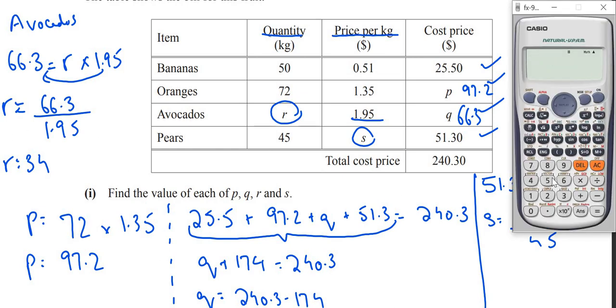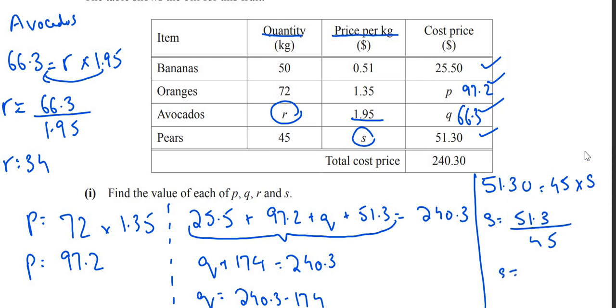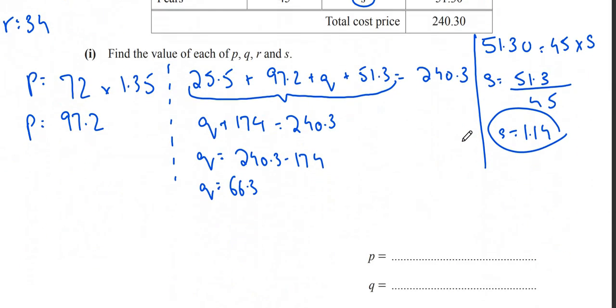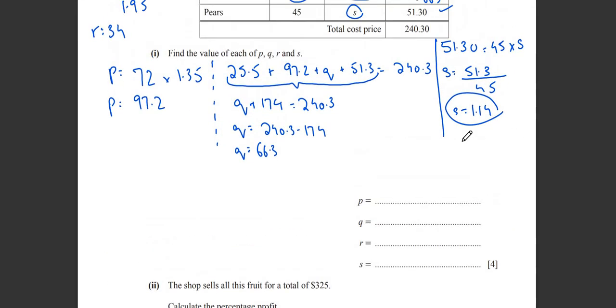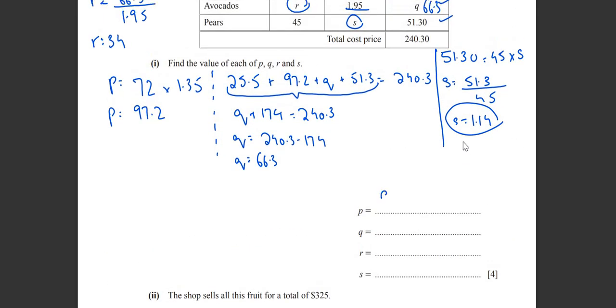So 51.3 divided by 45, you guys will get 1.14. So the price is $1.14 per kg. So let me write down the answers over here. P is 97.2, Q is 66.3, R is 34, and S is 1.14.